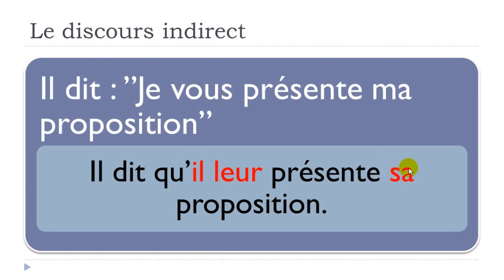Présente sa proposition, we saw that as well. And then vous, which is this pronoun, pronom complément d'objet indirect, je présente à vous, okay. In that case, you will have to modify and put that at the third person of the plural. Il leur présente sa proposition. Okay? Il dit qu'il leur présente sa proposition.